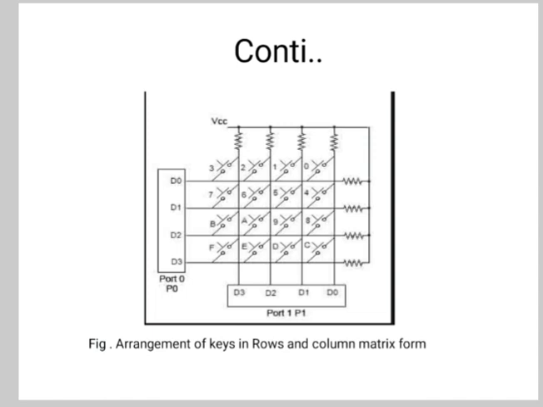The port which is connected to the rows of the matrix is configured as an output port, hence making each row logic 0. On the contrary, the port which is connected to the columns is configured as an input port, making the columns at logic 1. When a button is pressed, it changes the logic of the particular column to 0 because the button causes a short circuit between the row and the column.